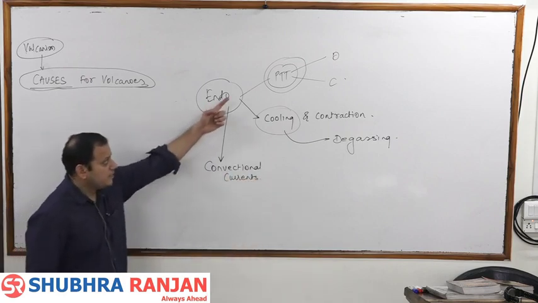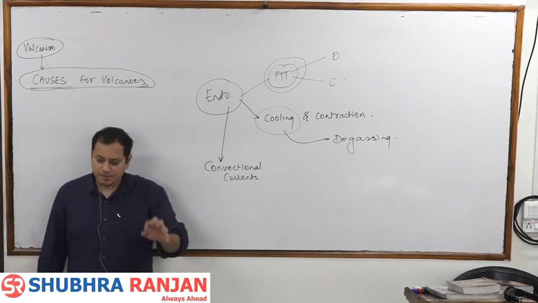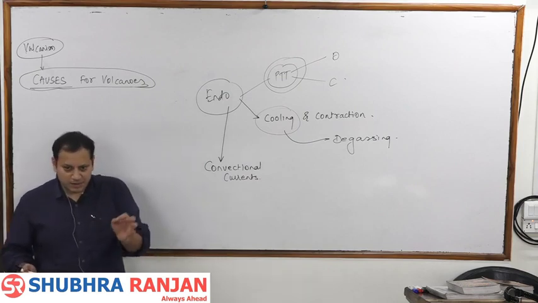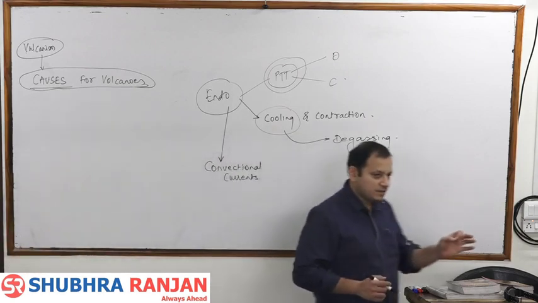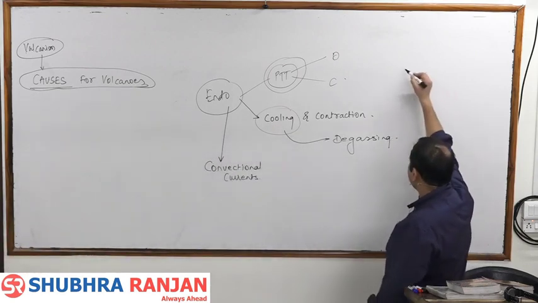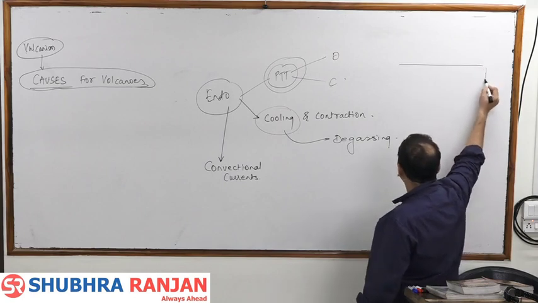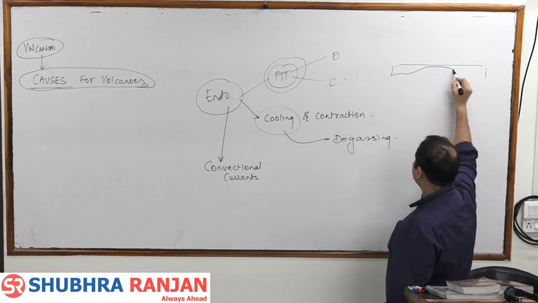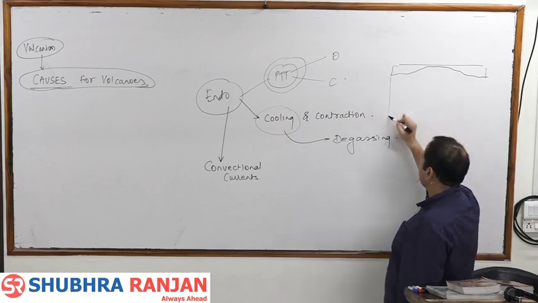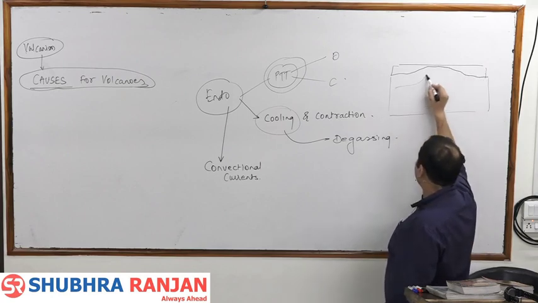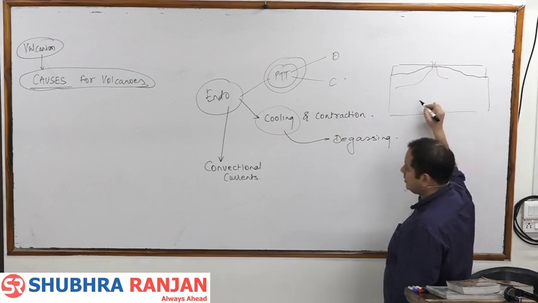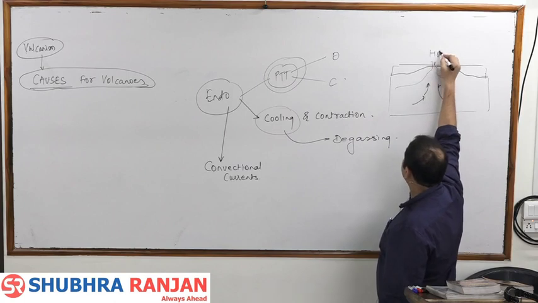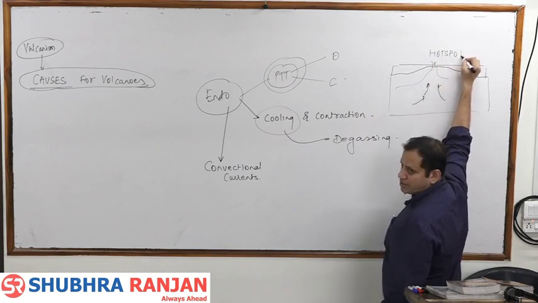Why are we not combining convectional currents and plate tectonics? Because plate tectonics talks about convergent and divergent plate boundaries. In the convectional currents, sometimes it may not be a divergent plate boundary, it may not be a convergent plate boundary. This is the crust. Somewhere the thickness of the earth's crust will be so thin that magma or lava can erupt from below, because the convectional currents will keep on rising upwards, and you call this hotspots.